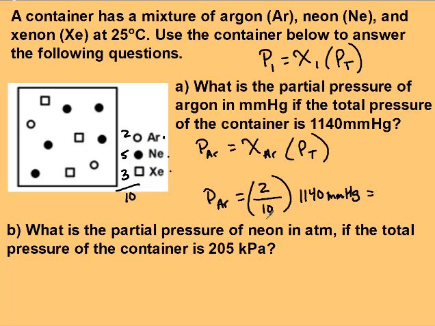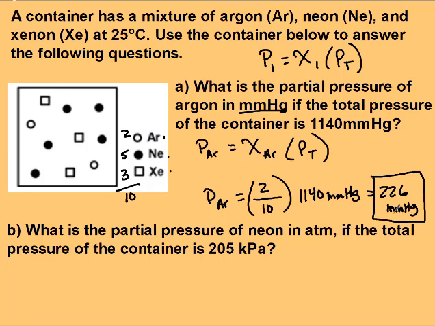So 2 divided by 10 times 1140 gives me 226 mmHg. I look at the problem and it says, what is the pressure in mmHg? So I'm done. But if they wanted their pressure in something else, then I could just convert it here at the end to whatever unit they want.